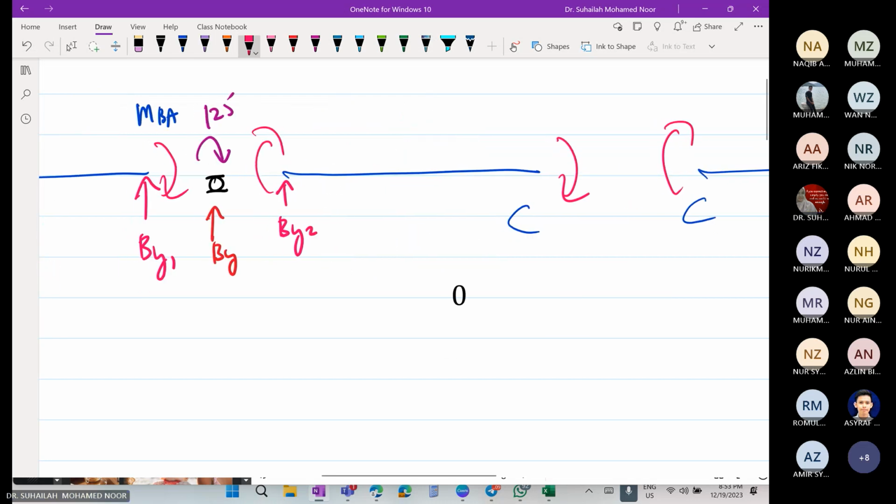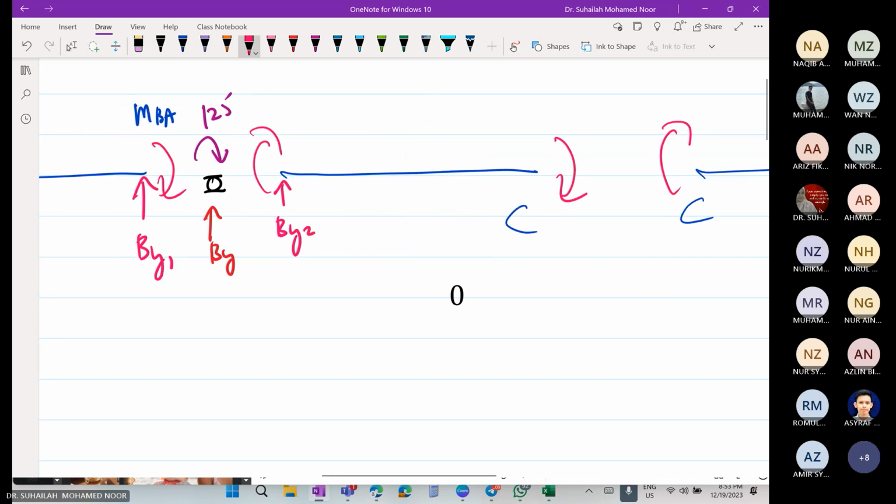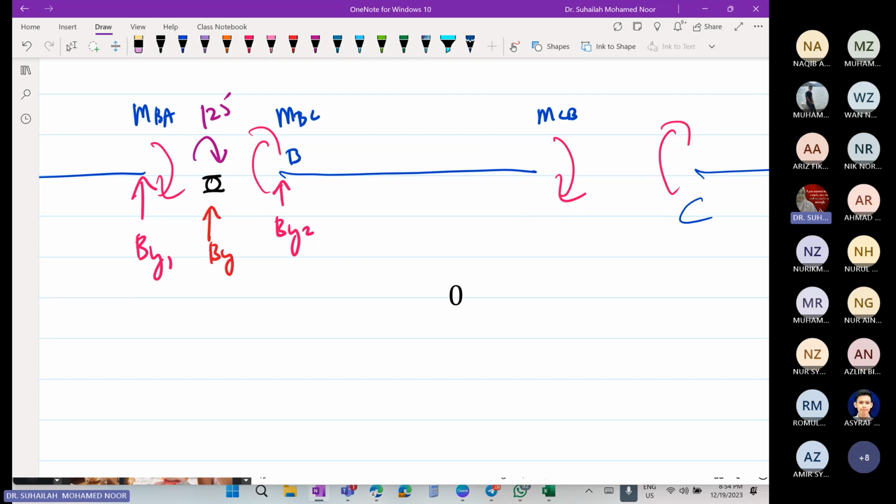Okay. For member BC, we have here MBC and MCB. So at C also, it has the vertical reaction. This is C. So this is CY1.